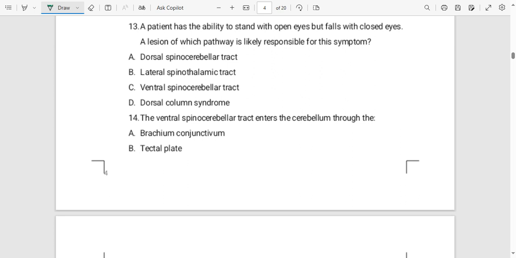Anyone? Dorsal spinocerebellar. Okay. Is there anyone with a different one? Or we are all good with that? Anyone with a different one or supporting that one?